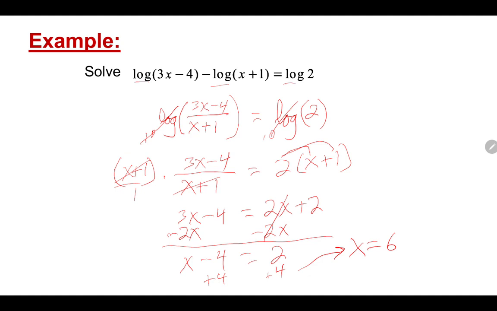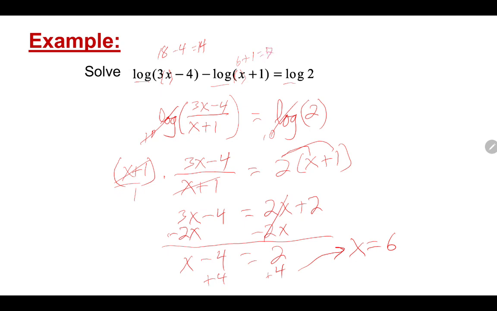And we can kind of see that again. If I plug 6 in for x, up here I get 3 times 6, which is 18, minus 4 is 14. And then if I plug 6 here, I get 6 plus 1, which is 7.